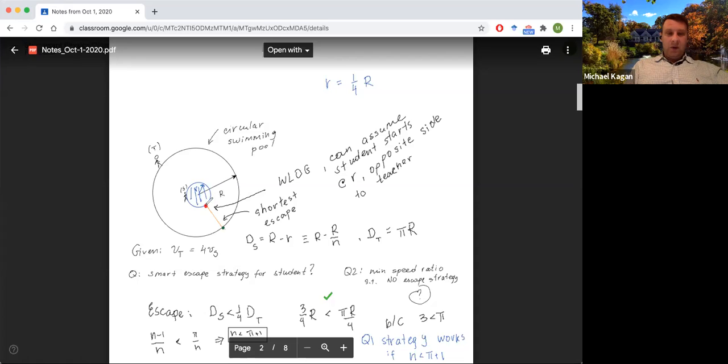Okay, so pick some curve, whatever random curve. You can parameterize that curve, for example, in polar coordinates. There's radius in terms of angle. And for a given curve, assuming that the student always swims with the fastest possible speed, you can actually find the time for the student to get there. Does that make sense? And then, of course, you need to find the time for the teacher to get to the end point of that curve. Again, disclaimer, that end point is not going to be on this diameter.